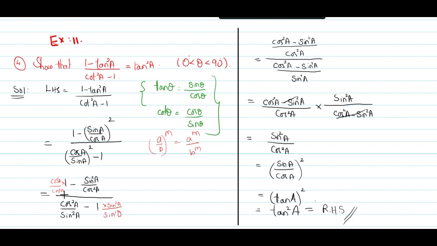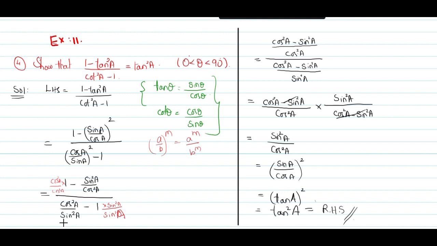Now we have the common denominator, that is cos square a, and we write it once. The numerator is written as it is, cos square a minus sin square a, by sin square a.